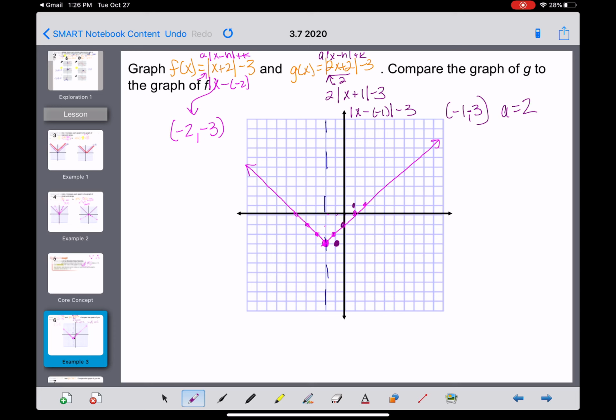Up 2 over 1. I have to reflect across my vertex, so up 2, back 1. So if I were to compare the two, all right, starting from f over, we can see that it has shifted and it's also more steep.